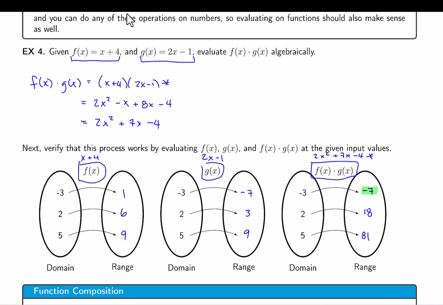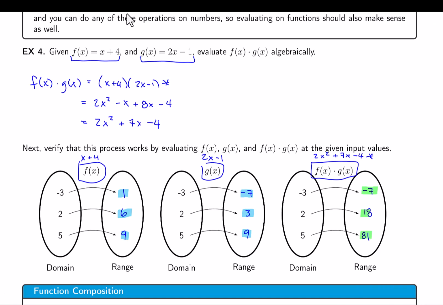If I took the product of -7 and 1, the individual values of f of x and g of x, that multiplies to -7. Maybe not that impressive because 1 times anything is itself. But if I did 6 times 3, you have to admit that would be 18. And if I did 9 times 9, that product is 81.